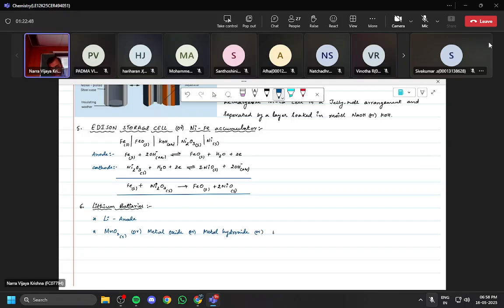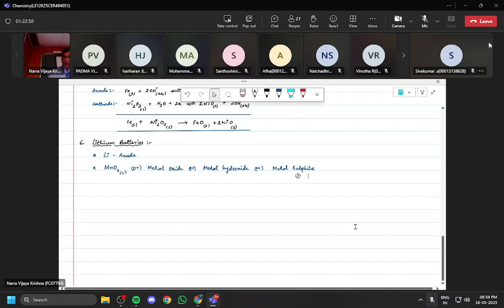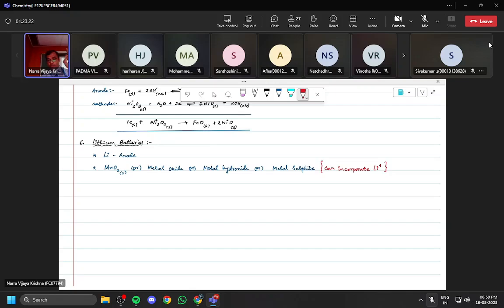Or we can take sulfite also. This can act as cathode. Whatever I am taking, whether it is any oxide or hydroxide or sulfite, it has to be accumulated with lithium plus ions. Right? So they have to be incorporated with Li plus.